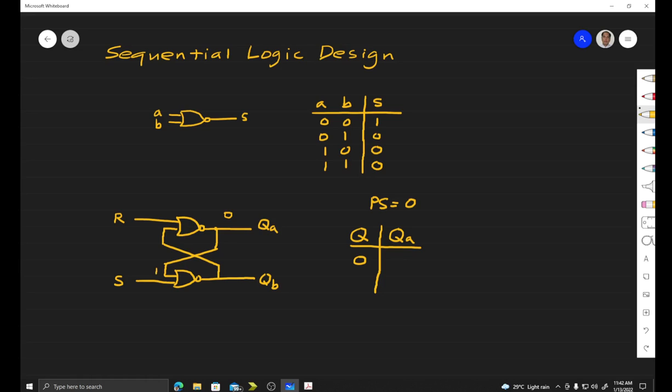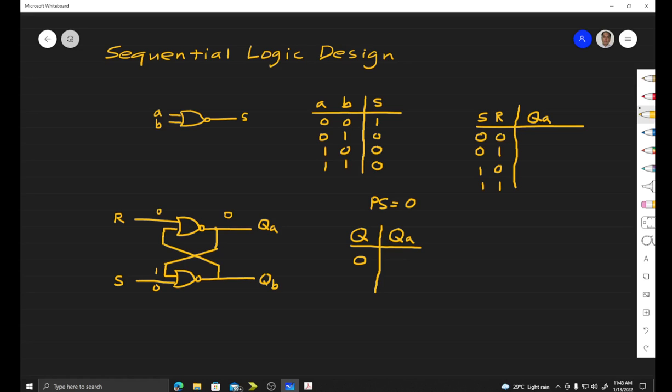So for the SR latch, let's say S and R, then output QA, so present state is 0. So suppose one of the inputs for the second NOR gate is 0. Then we have R equals 0.